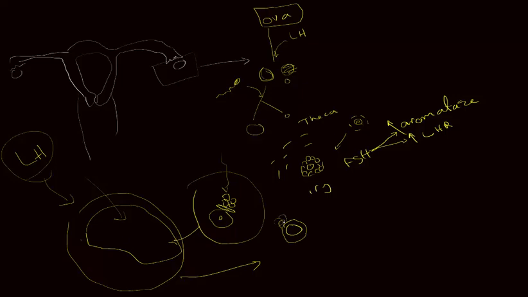Above that we will have not granulosa cells anymore, but what we call luteal cells, because they have been luteinized by the effect of LH and FSH, and they secrete estrogen and progesterone.